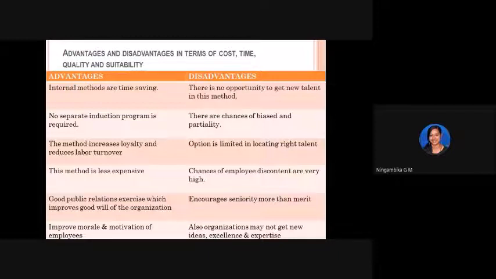And the next one is that this method increases loyalty and reduces labor turnover. Since the person already knows the organization, he will be motivated because the organization is giving him an opportunity to improve his work or his career. That way, he will be very loyal to the organization, and labor turnover can be reduced.